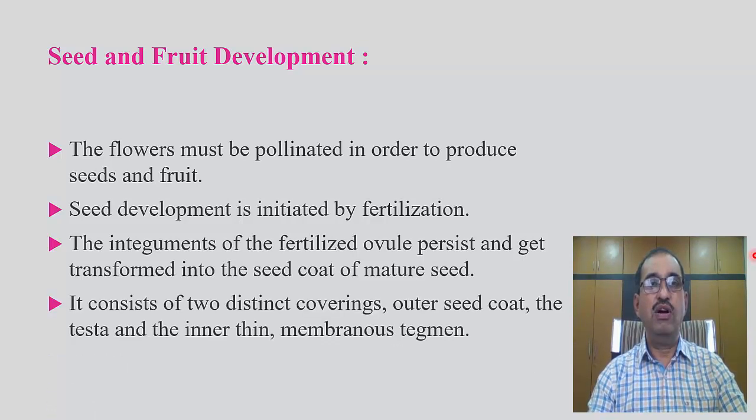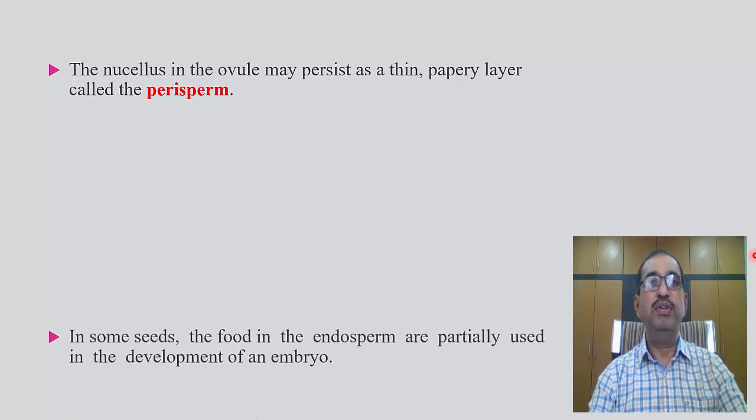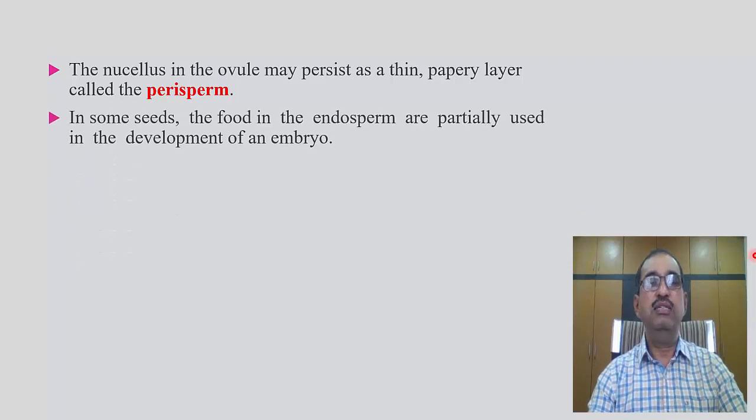It consists of two distinct coverings, the outer seed coat, the testa, and the inner thin membranous seed coat called tegmen. The nucellus in the ovule may persist as a thin papery layer called perisperm. In some seeds, the food in the endosperm is partially used in the development of the embryo.